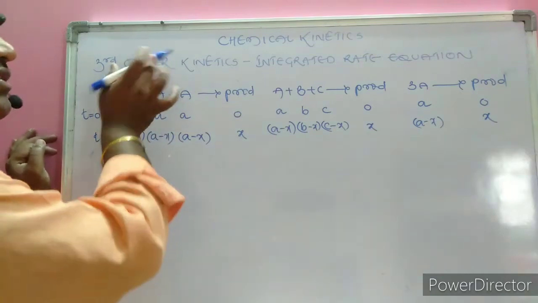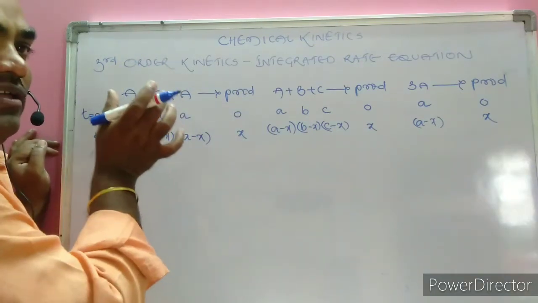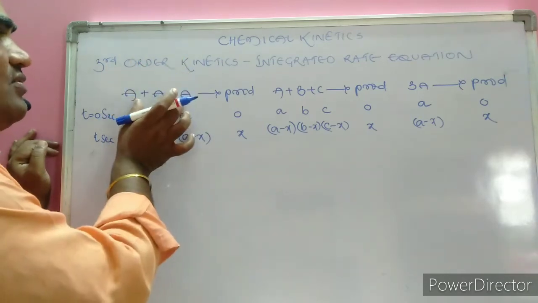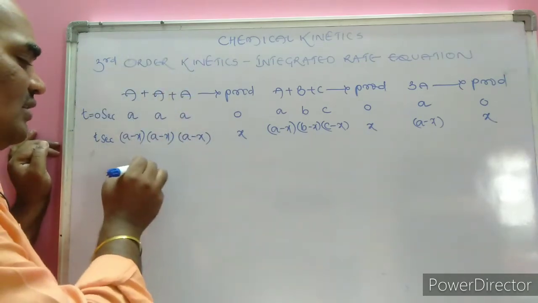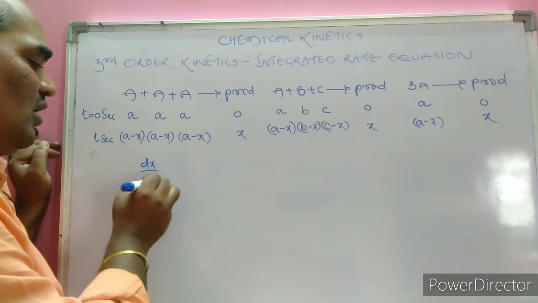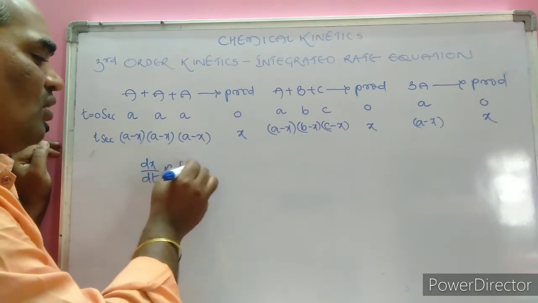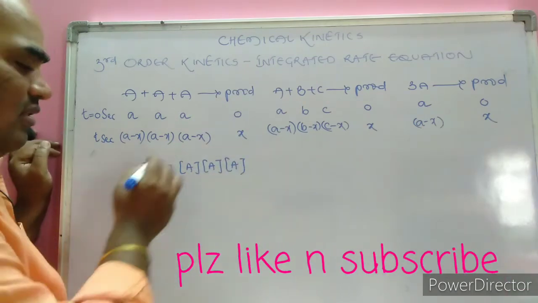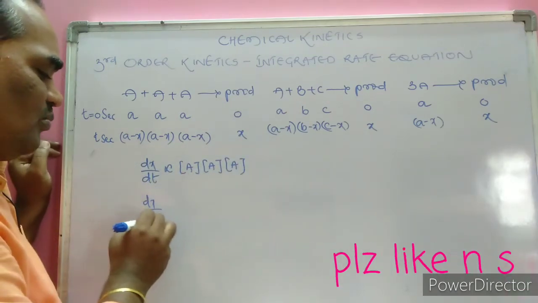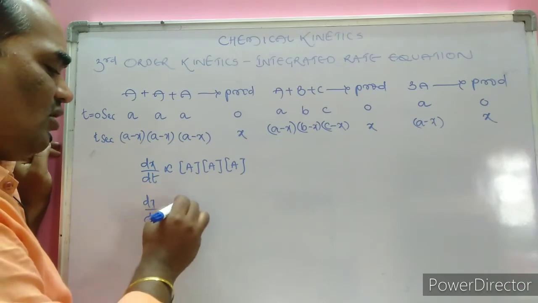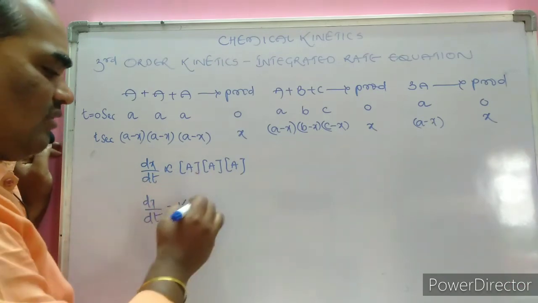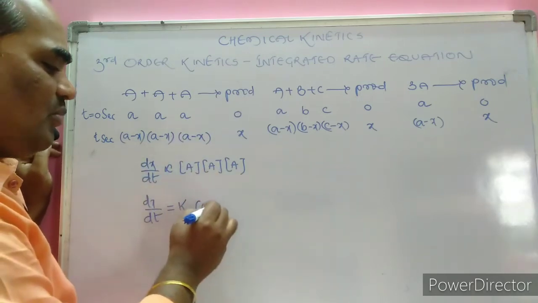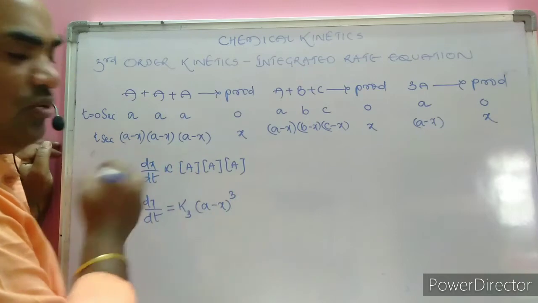How can we express the third order reaction? The rate depends on the concentrations of the three reactants. We express the rate as dx by dt directly proportional to the concentration of A into A into A. That can be represented by dx by dt equal to the rate constant K3 into the left concentration of the reactant, A minus x whole cube.